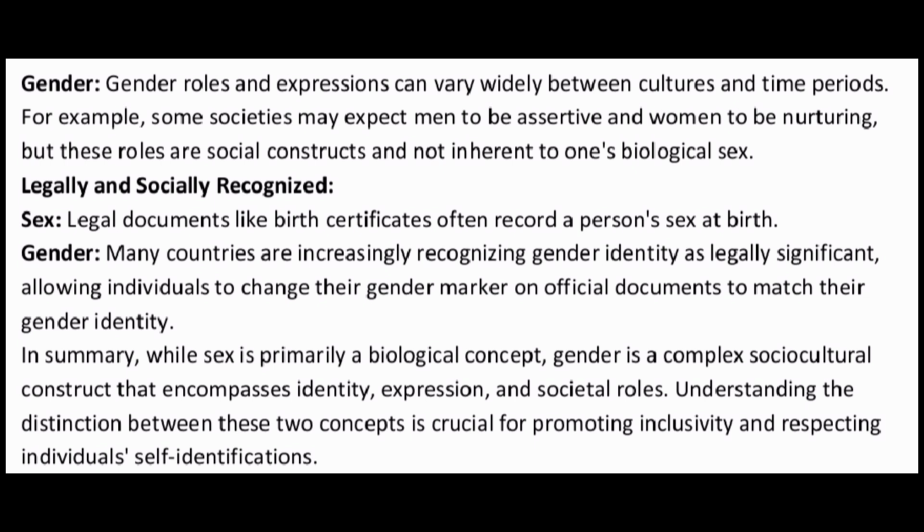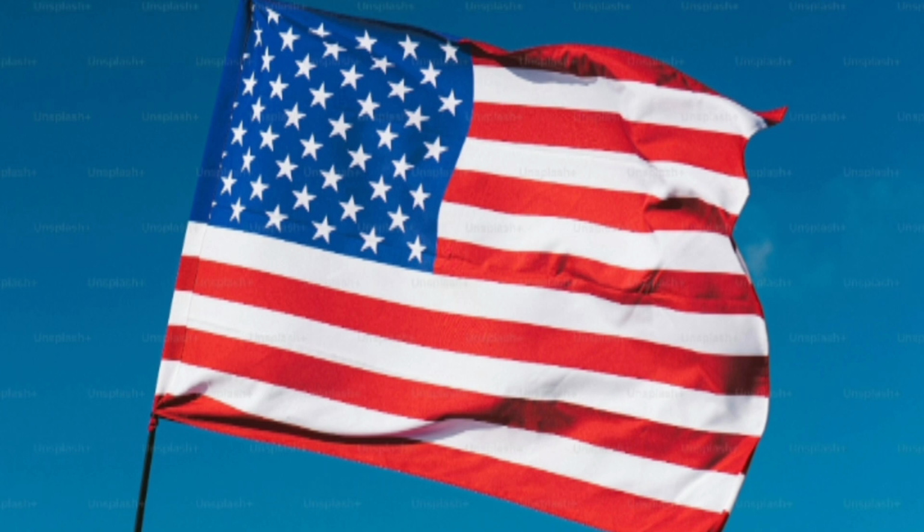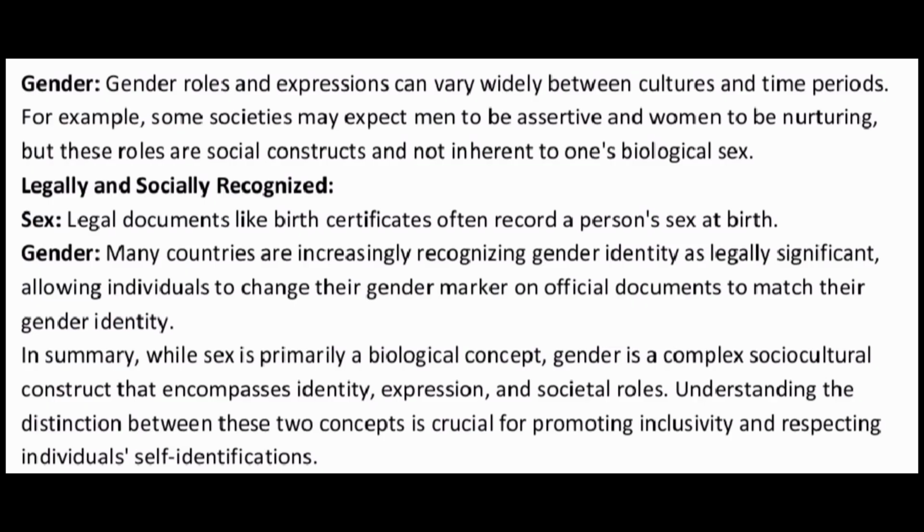So the developed countries like America, they don't discriminate. They don't assign gender roles. They are trying to uplift their people, and they do not treat their people according to gender, rather they treat them according to their sexes. So whatever they like, let them do it, alright? They do not impose anything like this is something expected of a boy and this is something expected of a girl. They don't treat people like that.